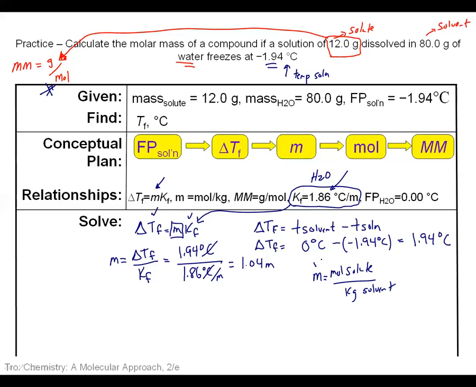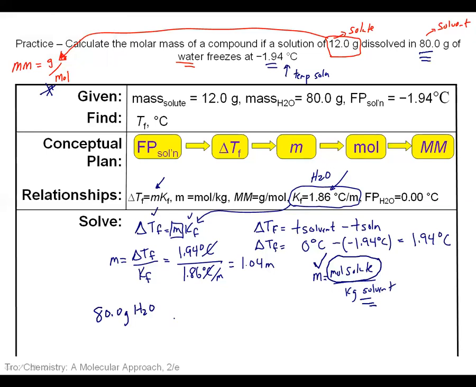We are looking for the moles of the solute here. So we do need the kilograms of solvent. And we can find that here in the problem. We have 80 grams of water, which is our solvent.